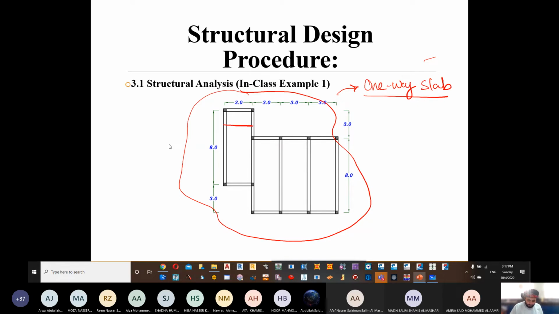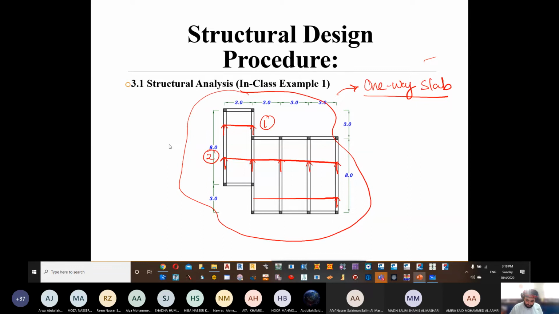So we have our slab supported by a beam, supported by another beam. So this is case number one. Case number two, we have this support, this support, this support, this support, and then this support. That's case number two. Case number three is here.